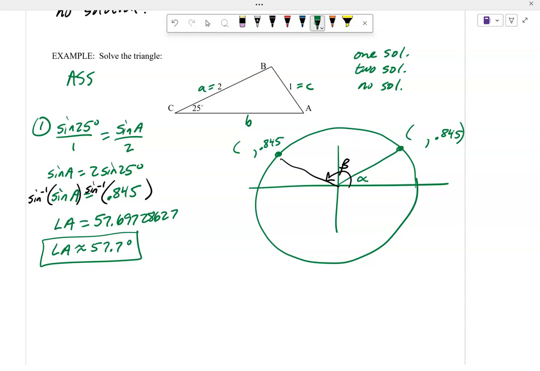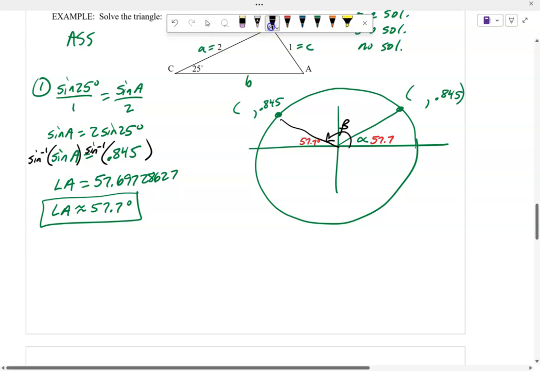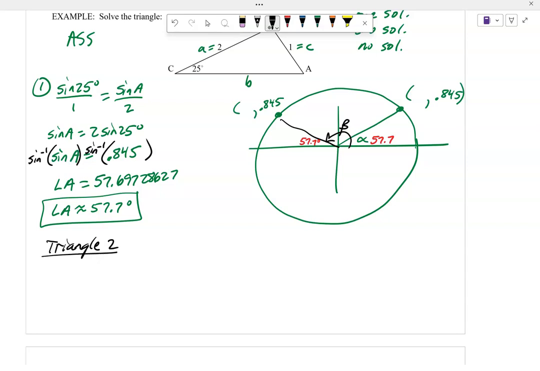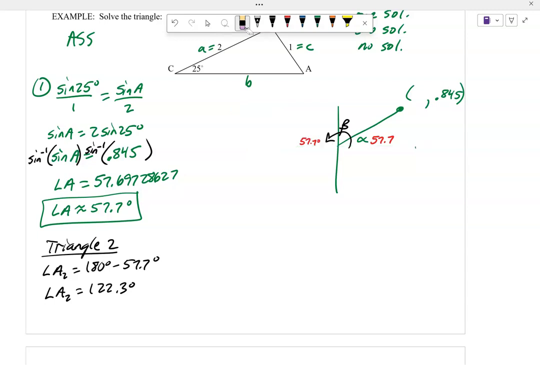Now note, if this is 57.7, this over here would have to go up 57.7. So the second option for triangle 2, I'm going to call it angle A2, which is the beta angle, would be 180 minus the 57.7. So angle A2 could be 122.3 degrees. Let me erase this for a second.